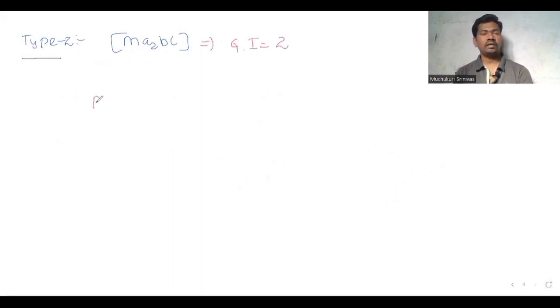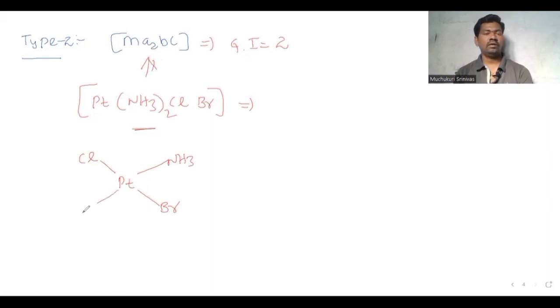For example, platinum NH3 Cl Br. This is one type of coordination compound for the given example. Here the central metal atom is platinum, then Cl and Br can be written on opposite sides, then NH3 and NH3 can be written on opposite sides. If the same ligands are opposite to each other, that is called trans isomer.